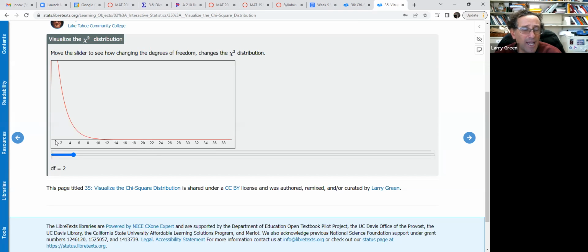Now, if you look at the area to the right of 1.4, that's a big area. Do you see that? So the chi-squared is that spot, that placement on the x-axis. So we'll call it the chi-squared axis, actually.